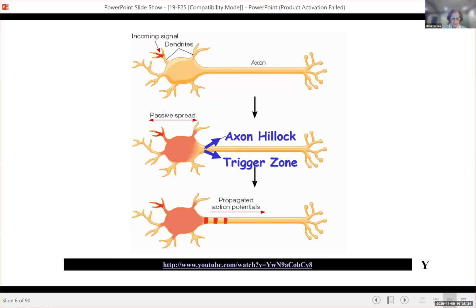So what happens here in the cell body is a result of the electrical signals that are conveyed by these dendrites, some being excitatory, some being inhibitory, and the sum of all of these has to cause a change in potential from minus 70 to minus 55 for the action potential to go down the axon.